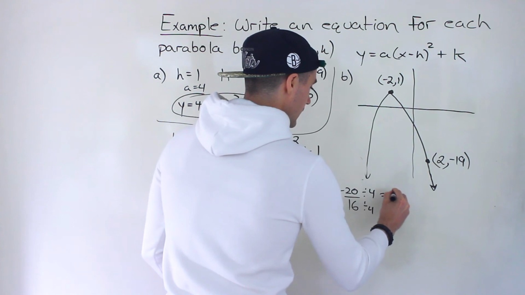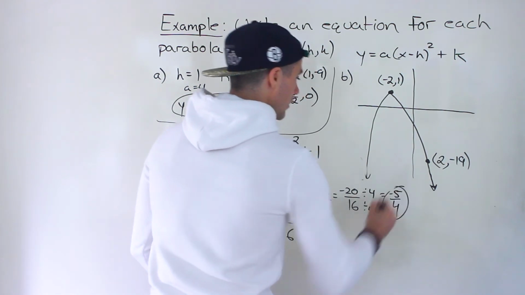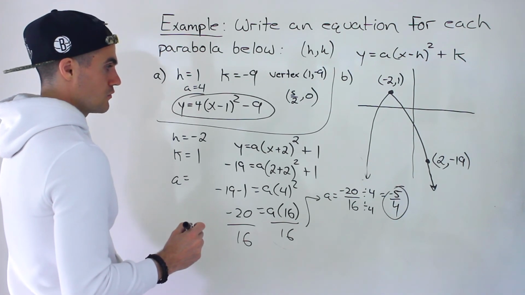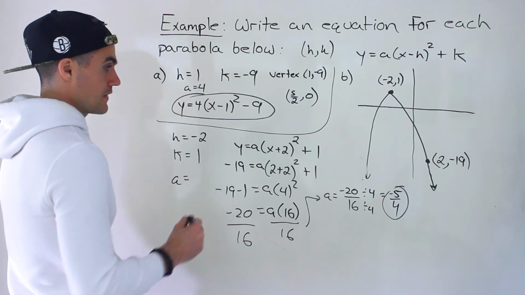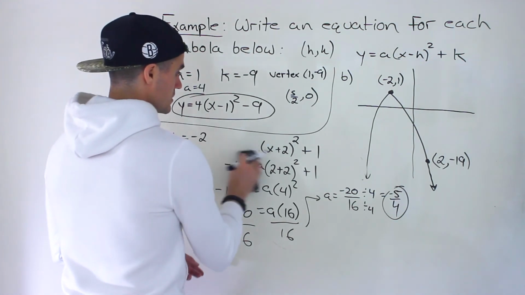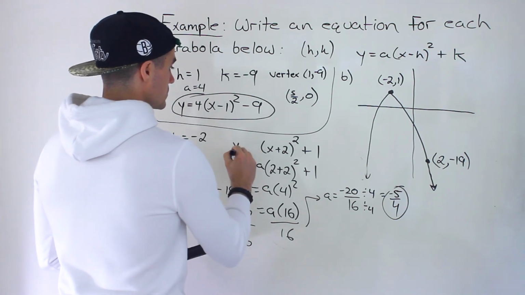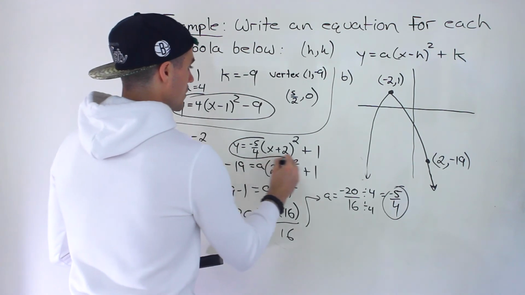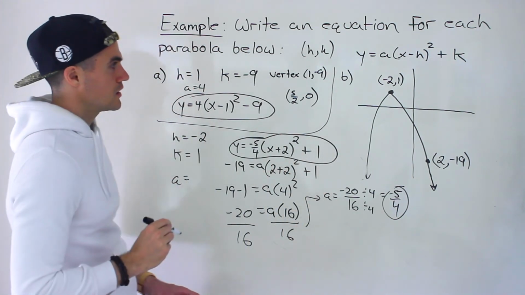And we end up with -5 over 4, like that. Right? So from here, that's just the a value. So this here, we'd end up with y equals -5 over 4 times the bracket. That ends up being the equation.